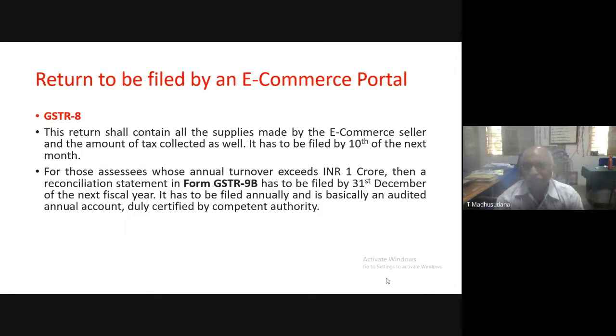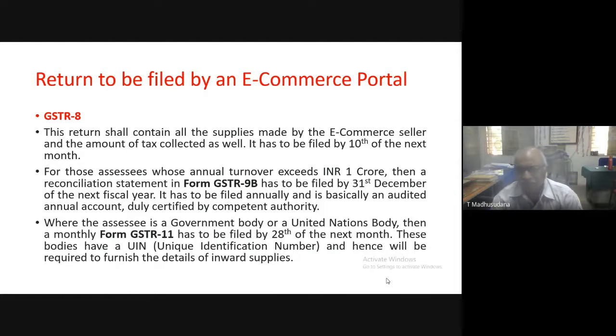This is the annual statement submitted by the e-commerce operators. Where the assessee is a government body or a United Nations body, then a monthly Form GSTR 11 has to be filed by 28th of the next month.